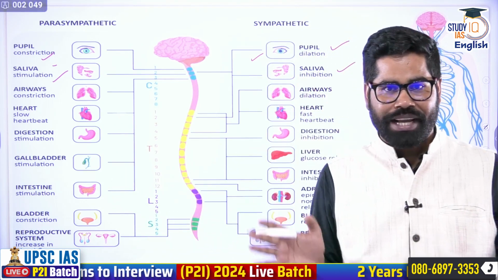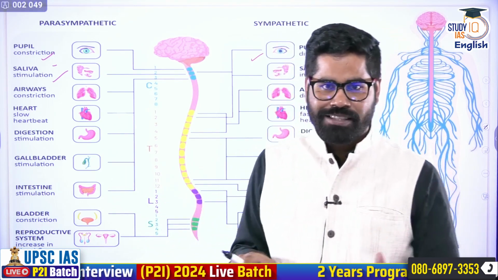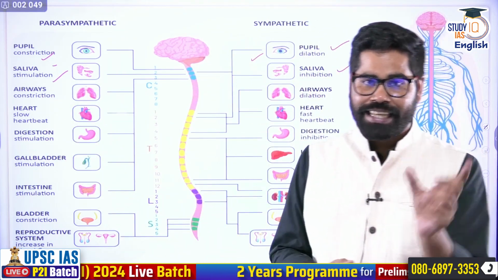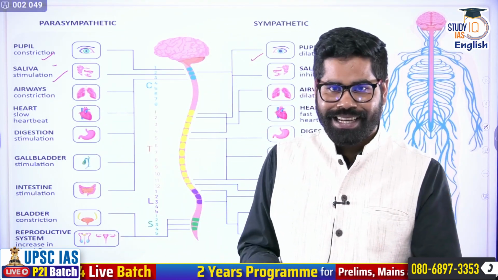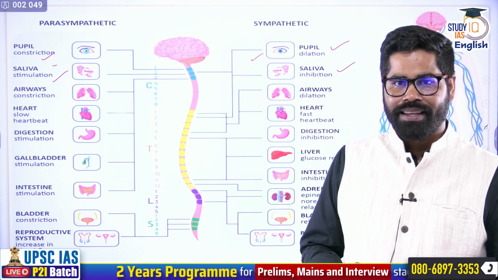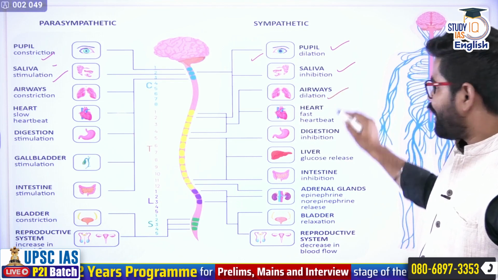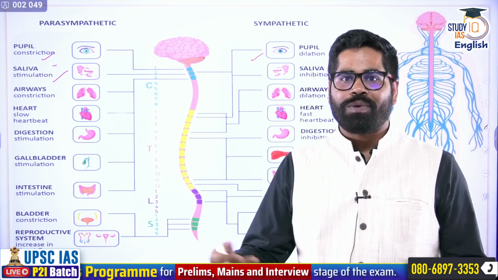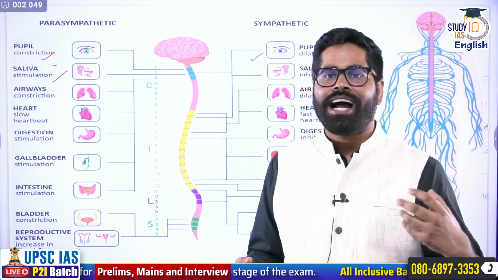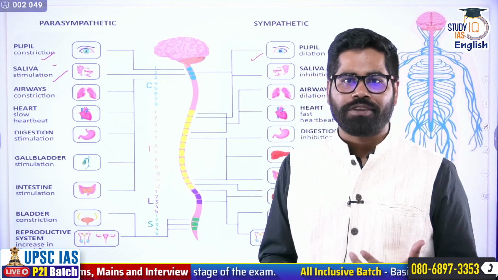When the nervous system is trying to calm the body, relax the body, there is going to be stimulation of saliva, whereas in case of alertness there will be inhibition of the saliva. Then another one, the airways. The airways will become dilated in order to acquire more and more oxygen from the outside.